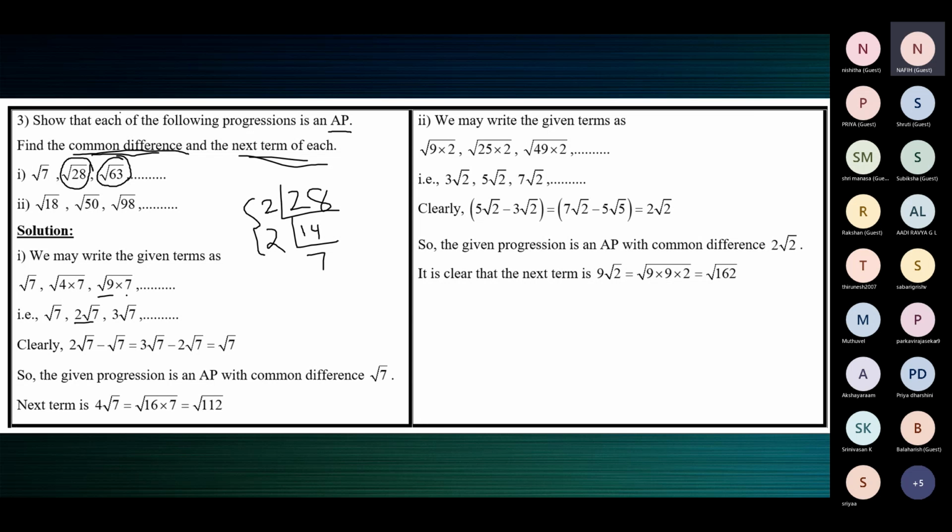Similarly, 63 is 9 sevens, or 3 into 3 into 7. From 3 3s, one 3 will come out. So 3 root 7. That's what you see here also.